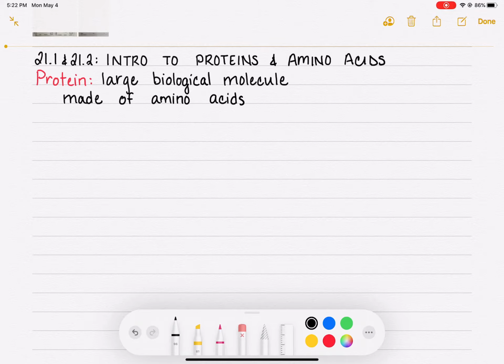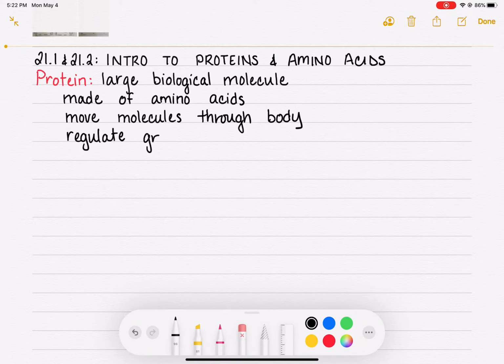Proteins' jobs are to transport, so they are moving molecules throughout our body. And also, they help regulate our growth, our development, and our immune system.